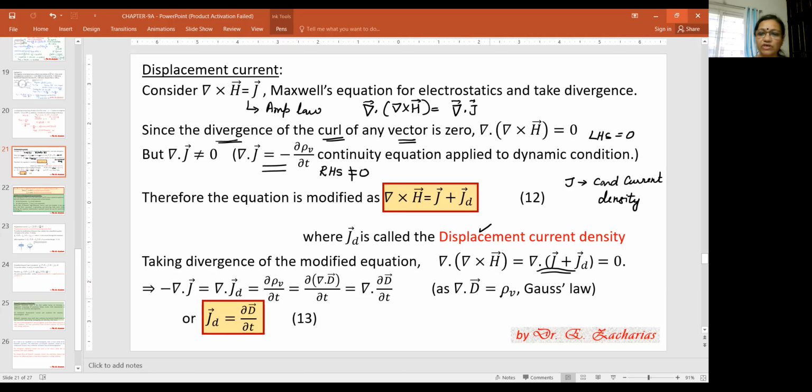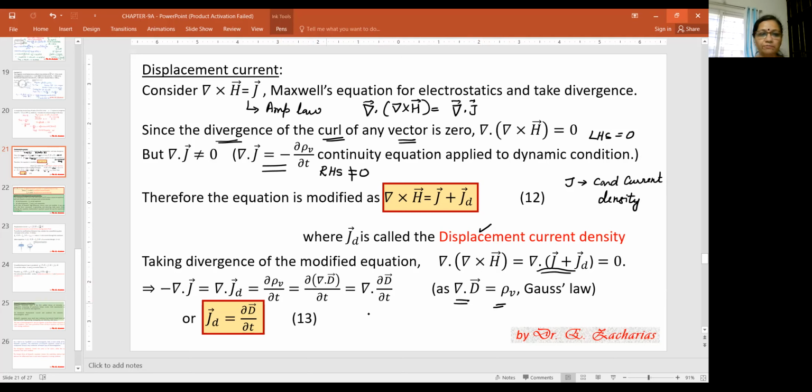Instead of rho V, you can substitute del dot D, where D is the displacement vector. Then, assuming that this medium is homogeneous and linear, you can take this del out of the dou by dou t. Therefore, you end up with del dot dou D by dou t.